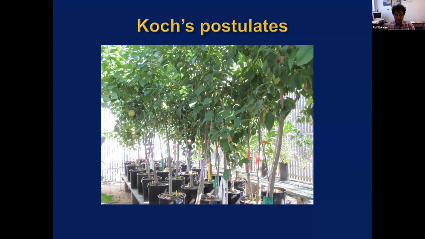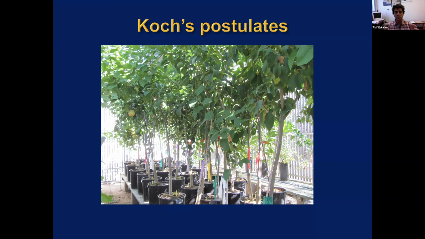Not only that, you have to recover the same pathogen or fungus that you put on that healthy tissue to complete the cycle, showing that what you isolated is causing the same symptom and is there when you recover it. That process is called Koch's postulates.